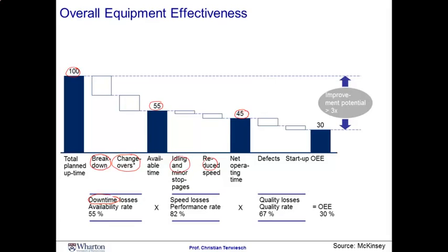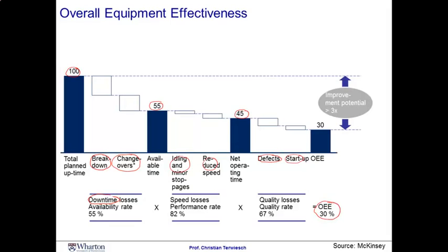From those 45 hours of net operating time, we're producing defects and we have to ramp up production, producing scrap potentially during startup. In this example here, the total number of losses accumulate to an overall equipment effectiveness of 30%.